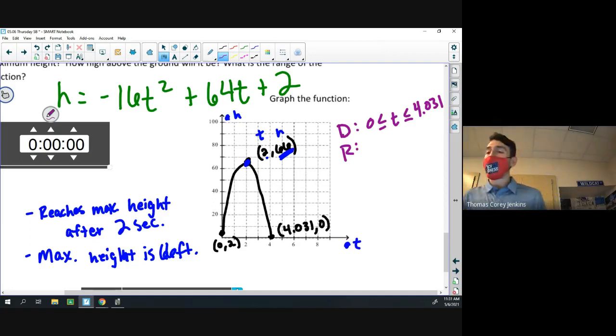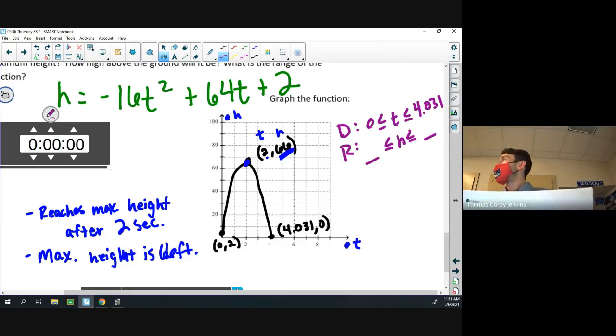Okay, and then the range, anybody want to take a stab at that one? How about I'll put in the symbols for you. So this is automatic. So then we just need our floor and our ceiling. All right, vertically. What's our floor and what's our ceiling? Anybody want to tell me how low does the ball go?